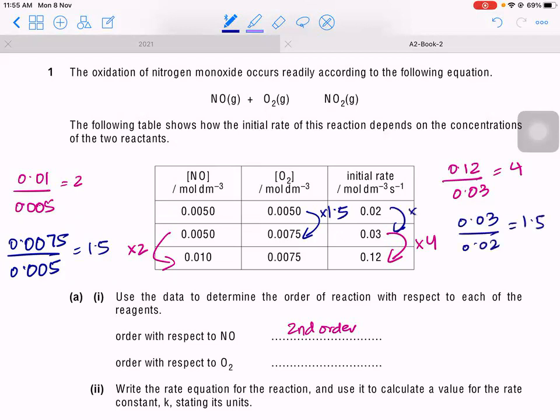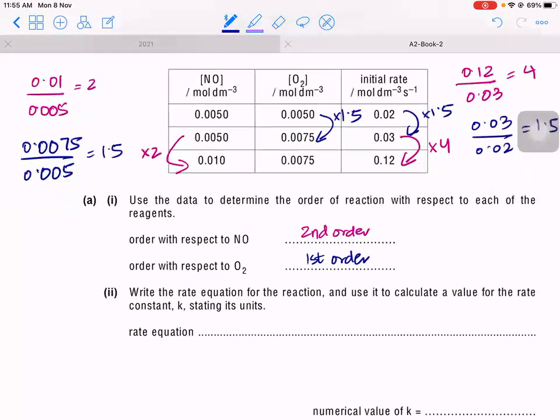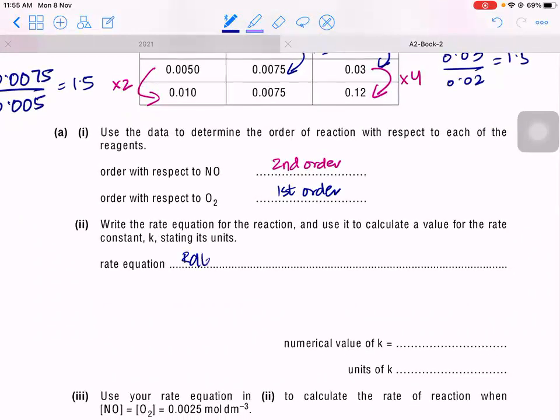That also changes by 1.5. So this would be first order. And if you are to write the rate equation, what would that be? Rate is equal to K [NO]^2 [O2]^1. Is this clear? Do you guys understand this? Do you all get it? Any question?